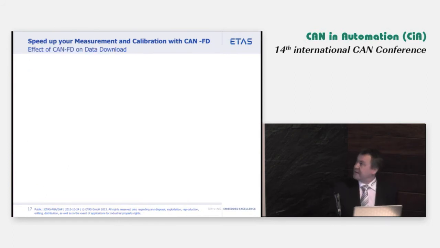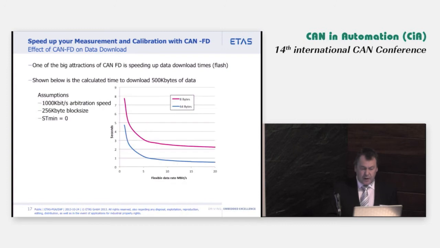So the data download. A lot of information has been published on the data download, and Peter also talked about it. This is just a theoretical study. What I've done is look at a comparison between legacy CAN and all the different CAN-FD configurations.